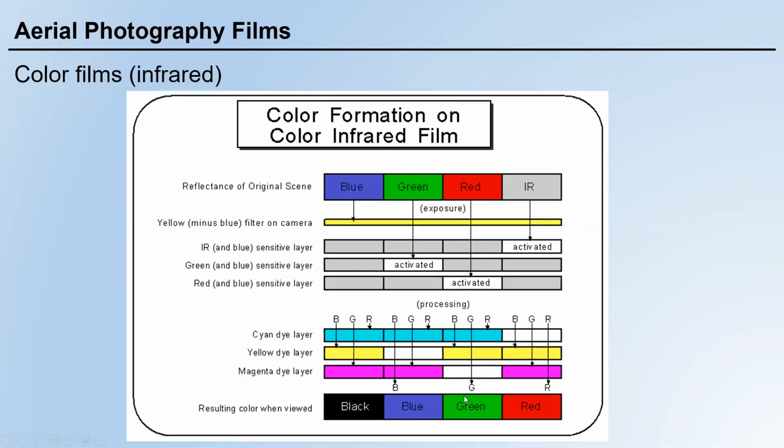Again, it's an upshift from green to red. And red is used to portray objects with a high reflectance of near infrared. Again, one upshift from red region to infrared region. Okay, it can be a little tricky, but it's very interesting.